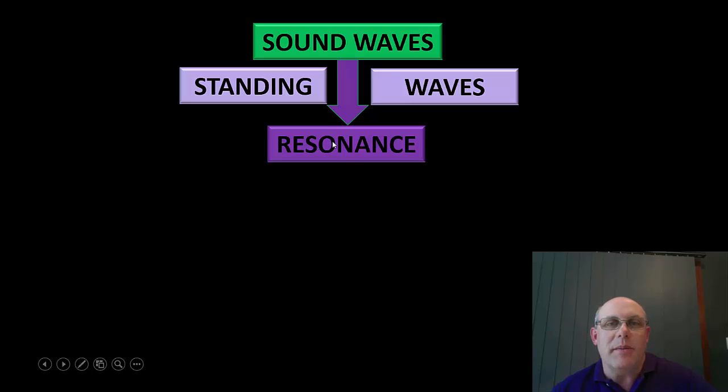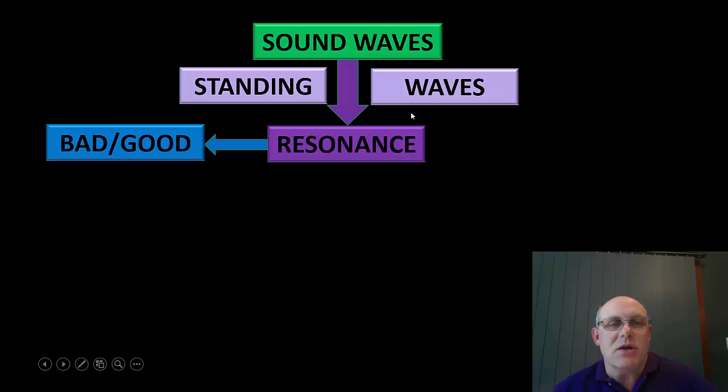Alright, in today's video we're going to be looking at sound waves, and obviously we're looking at resonance. So that is essentially a standing wave that we're going to be producing. We could look at the good and the bad of resonance, and certainly the Narrows Bridge is a bad example, but there are some really good examples of where we use resonance.